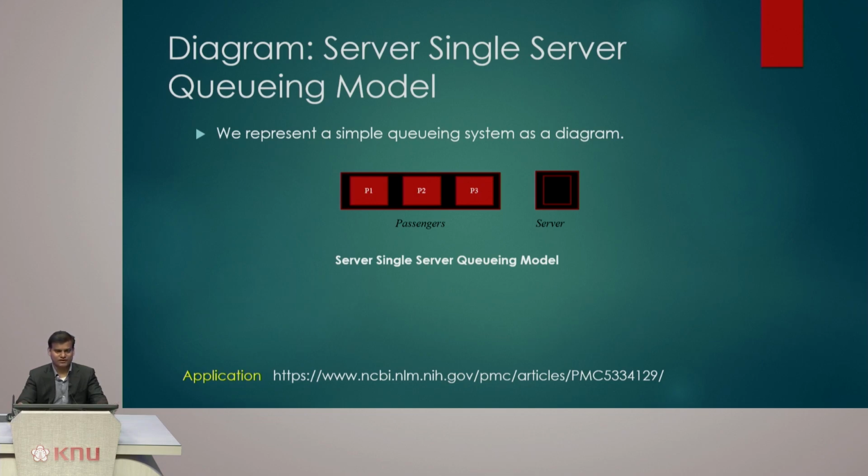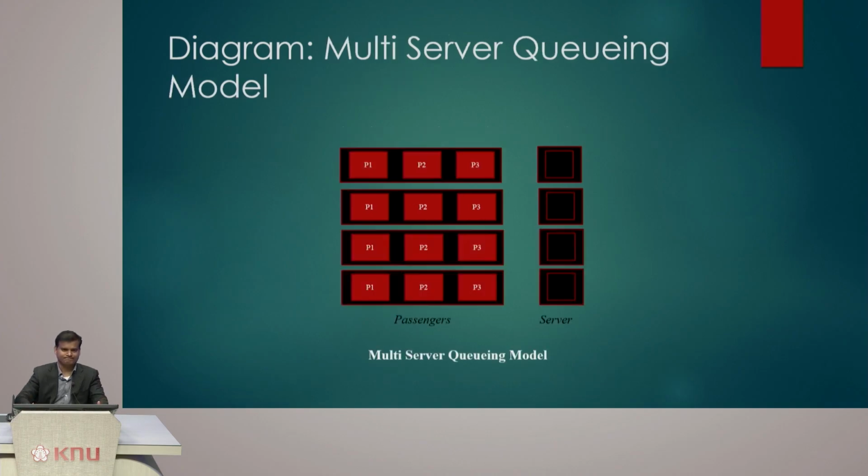So there are different points where he has to wait in a single queue. Well, that has been kind of integrated research, but basically speaking, this is the model for a single server queuing system.